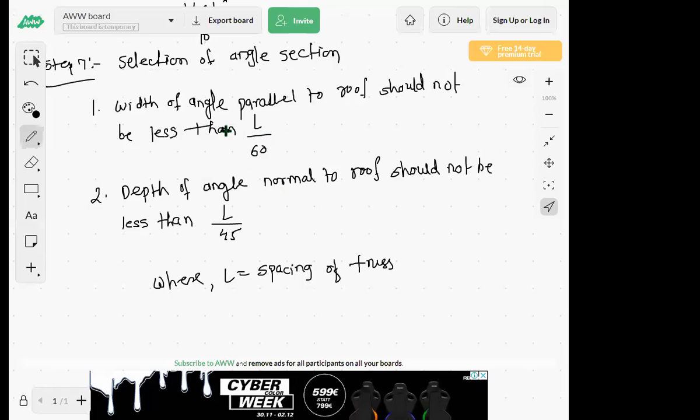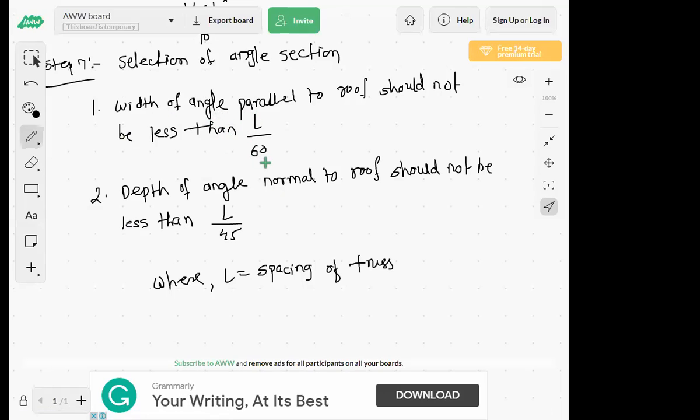These two questions are also many times asked in examination as MCQ. Width of angle, how to calculate? L by 60, and depth of angle L by 45. It should not be less than these. L by 60 is the limit for the width and L by 45 is the limit for the depth of angle.